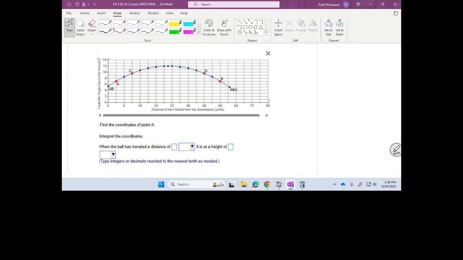Okay, what we want to do is see, can we find the coordinates of the point A? Okay, so look, y'all, if that right here is 0 and that's 8, do you guys agree that has to be 4? Okay, that's 4. Look, y'all, we got 2, we got 4, we got 6, we got 8.